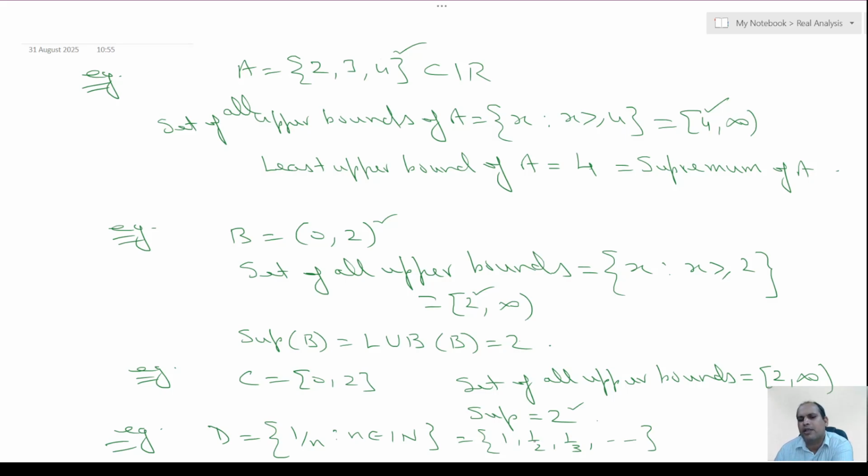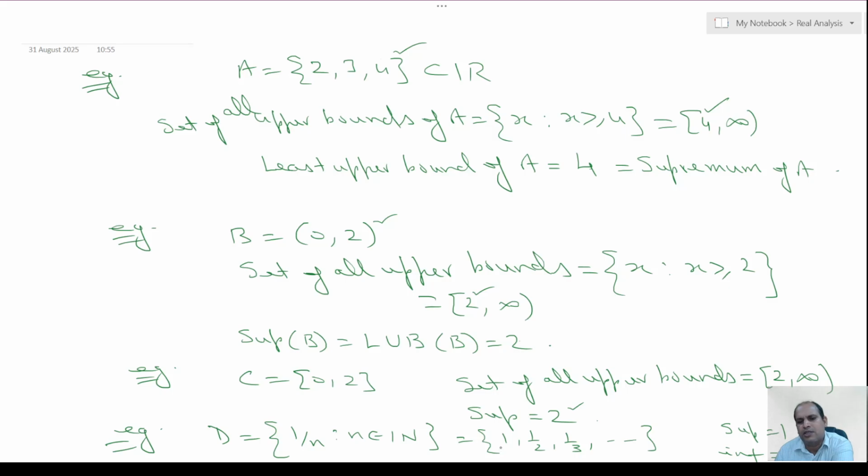Every real number greater than or equal to 1 is its upper bound. So, the least among them will be 1. So, its supremum will be 1, and its infimum 0, and any real number less than or equal to 0 is its lower bound. So, among those lower bounds, the greatest one is 0. So, its infimum will be 0.